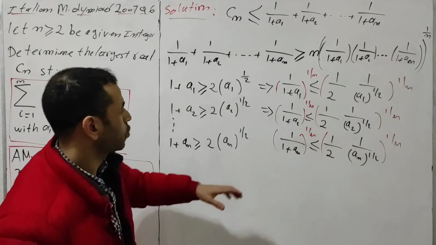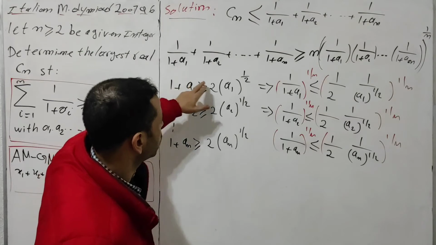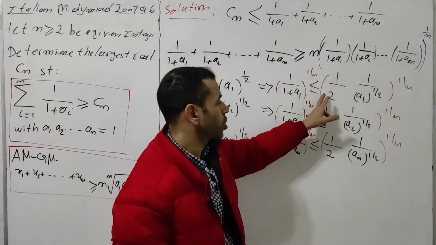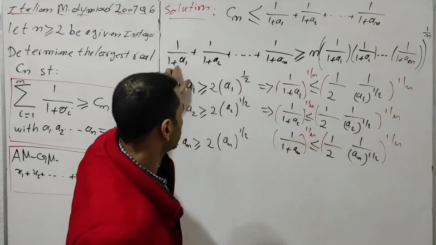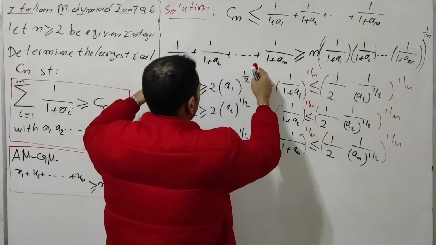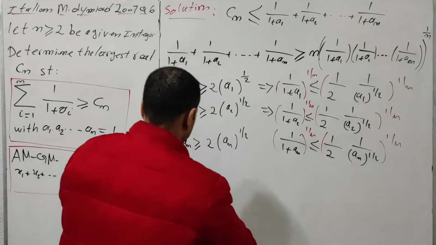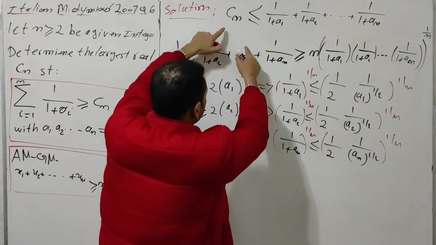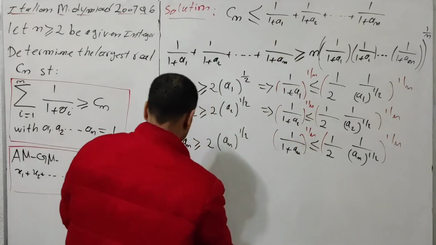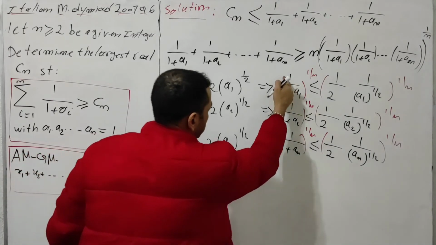Now I'm going to make the product of these numbers. But be careful here: when I take the reciprocal, the inequality changes direction. So I put it in the right direction, and we get Cn is less than or equal to this product.